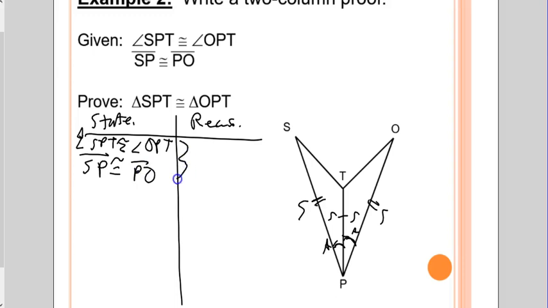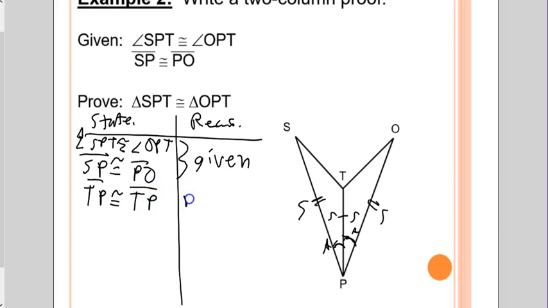And then both of those are given to us. Now, what did we mark? We marked that TP, this is new, we've been saying it, is congruent to itself.